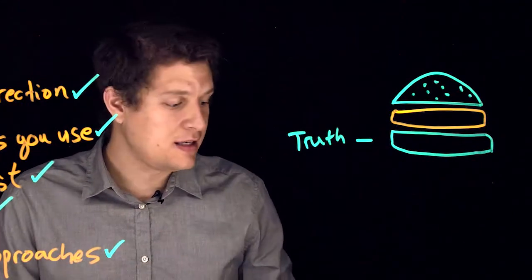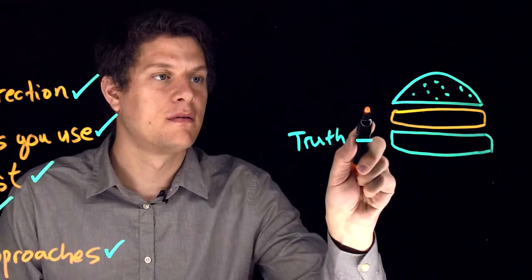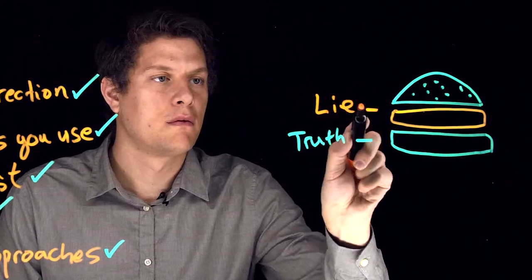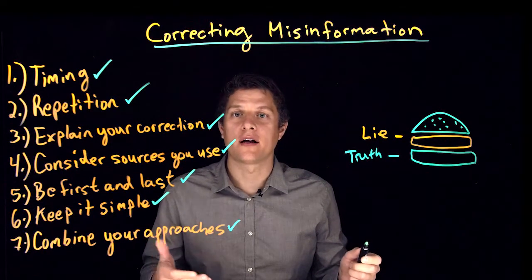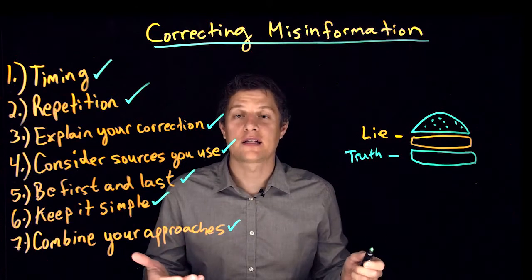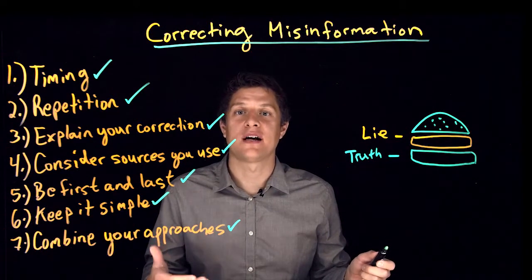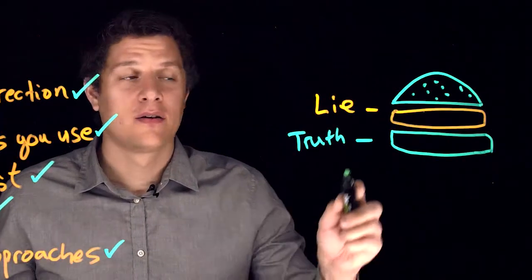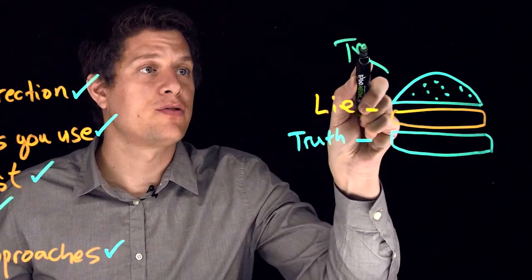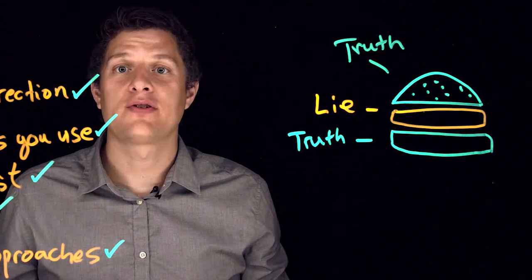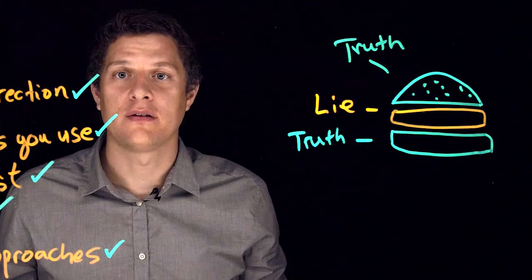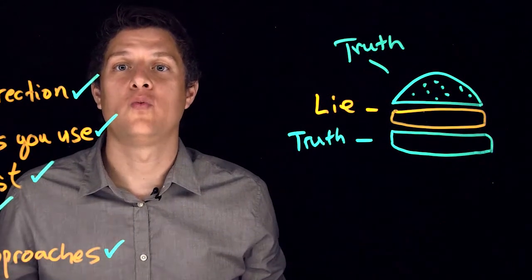Then indicate the lie. Whenever possible, avoid repeating the original wording of the lie and instead explain why it is a lie and why it is not to be trusted. Finally, return to the truth. Ending with the truth allows you to finish your communication with the information you want to stick.